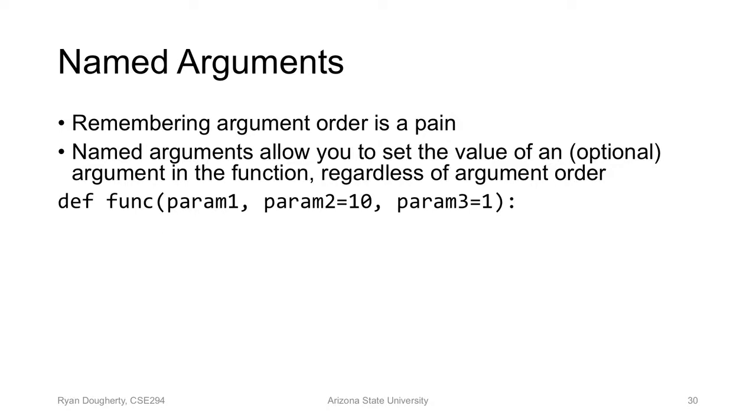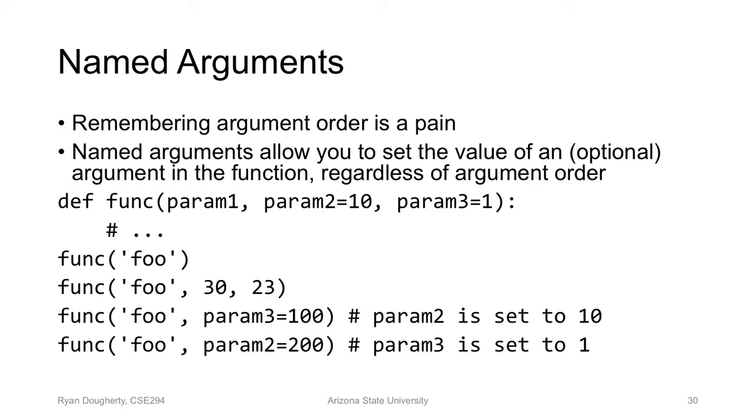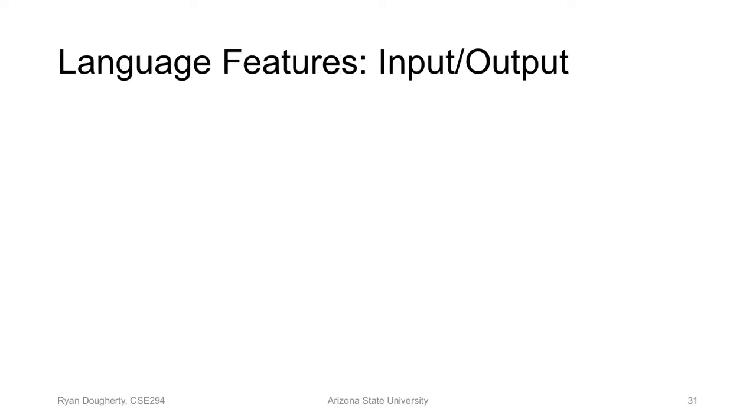So we have our example func, which has 1 required parameter, 2 that are not required, but we can explicitly assign a value to those 2 optional parameters, and they could be in any order that we want. And we can leave any number of them out if we want to.